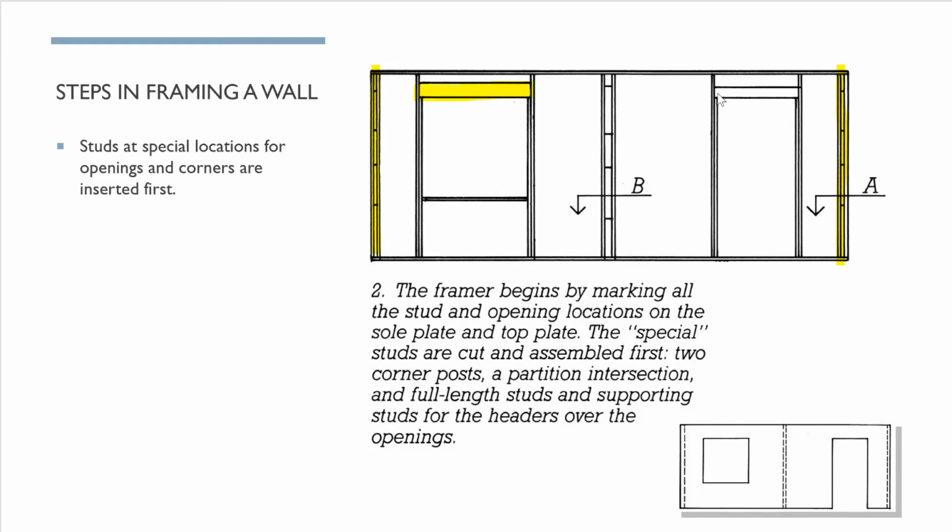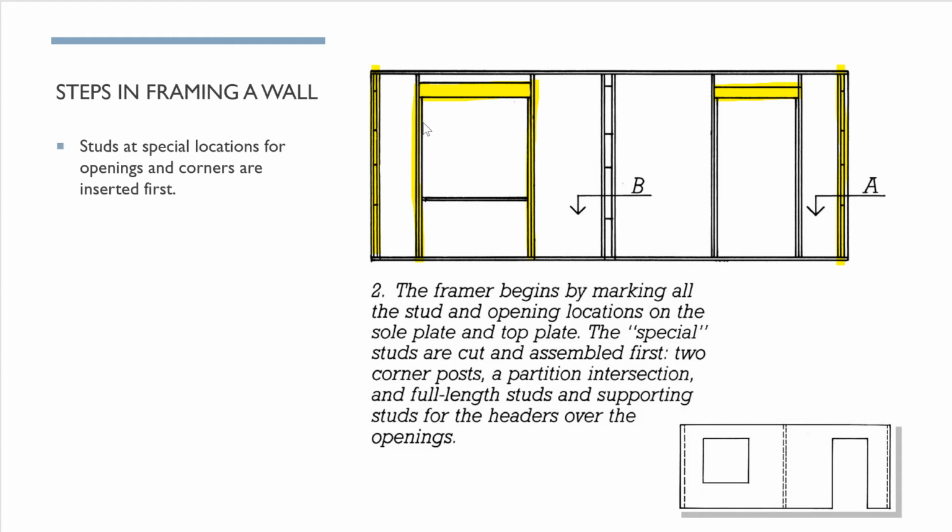A header is typically a larger structural member, maybe a 2x6, 2x8, just depends on the size of the opening, that distributes the weight around the opening and then down each side of it. So this header distributes the weight across the opening and then down each side.